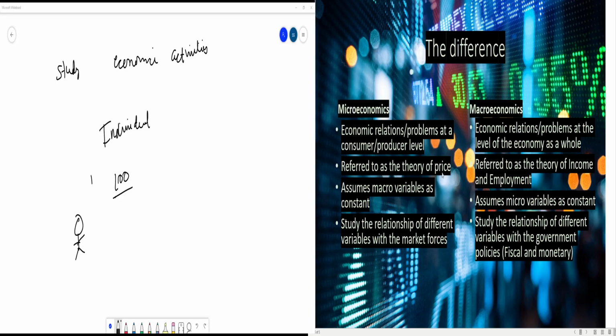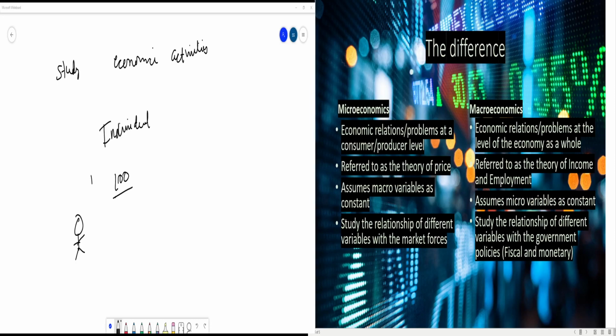Microeconomics is also sometimes referred to as the theory of price, because we generally try to determine the price of a good based on microeconomic studies. That is why it is also referred to as the theory of price. And macroeconomics is sometimes referred to as the theory of employment and income, because we generally try to determine the GDP, or GDP per capita.